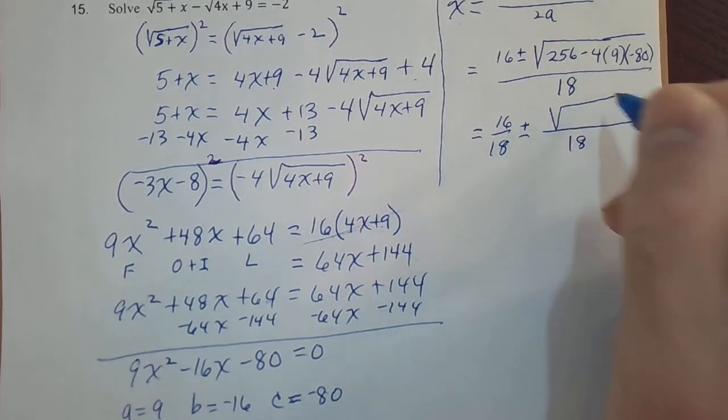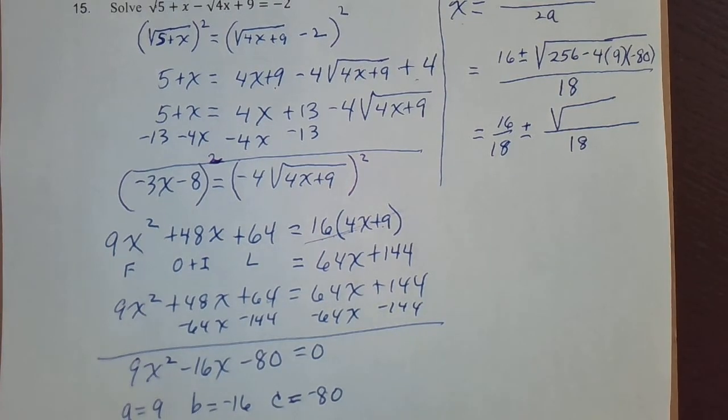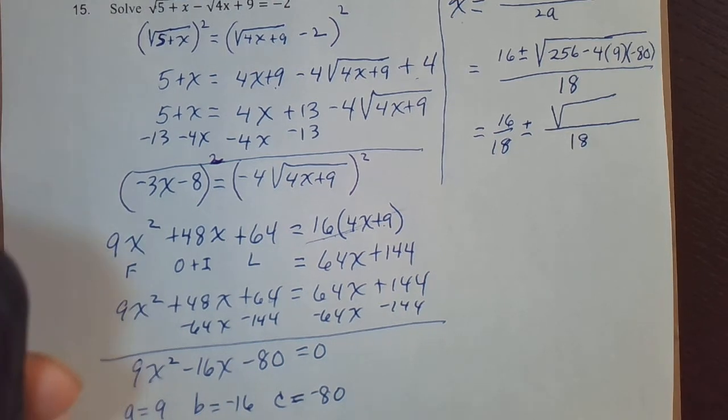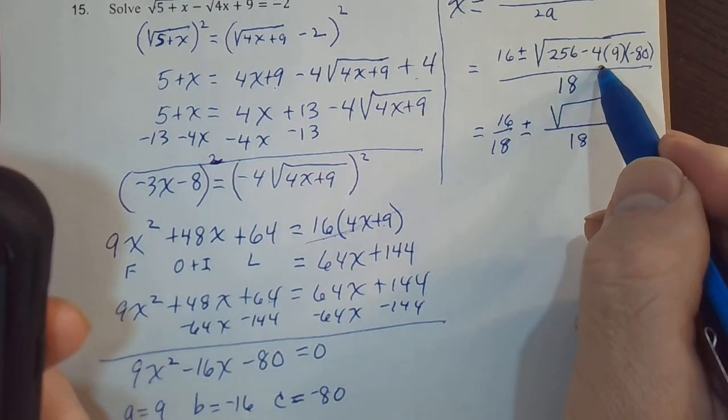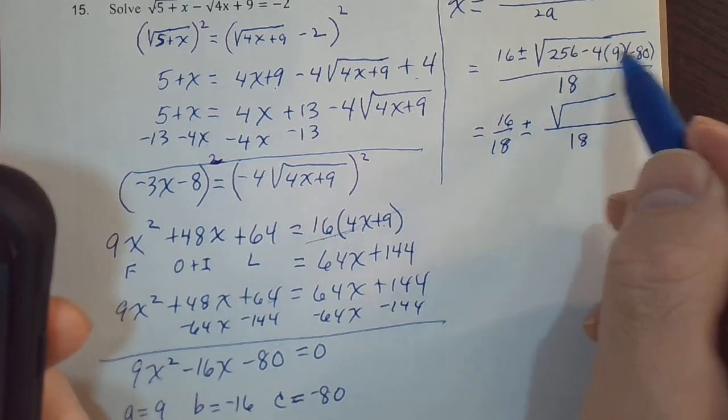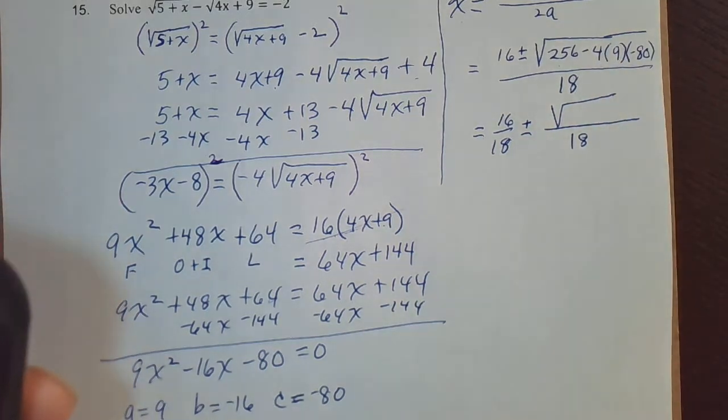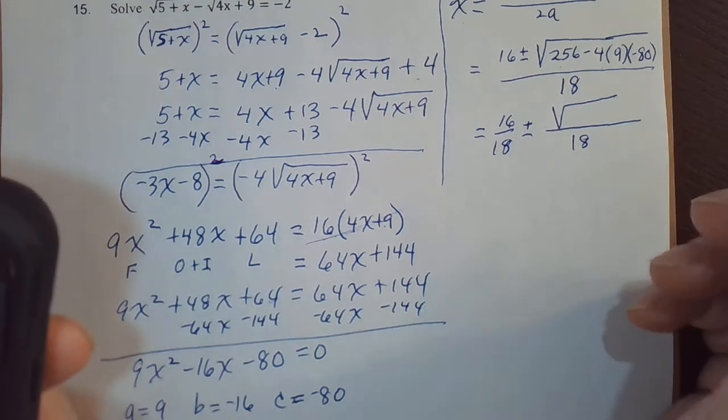And underneath that radical, I may have to find my calculator here. All right, this is going to be 256 plus, because it's a negative and a negative, 36 times 80, and that will give us 2624.